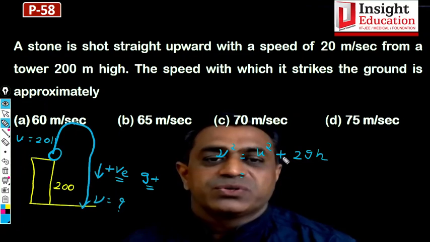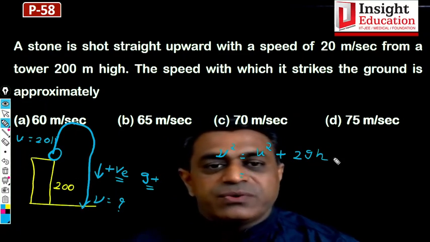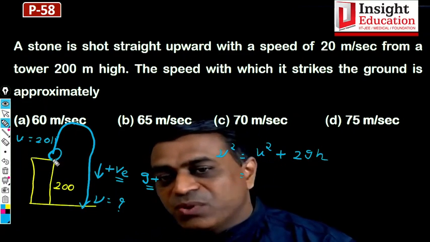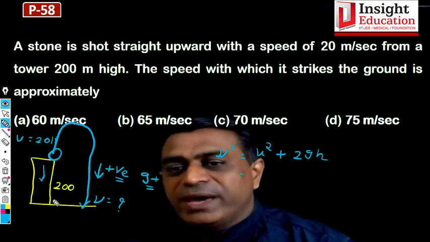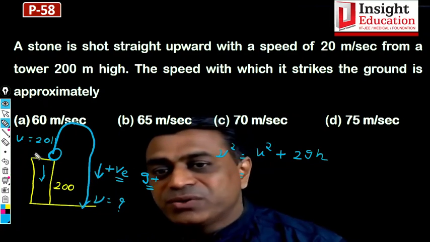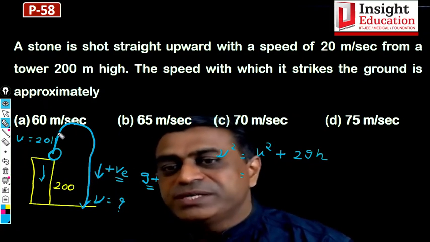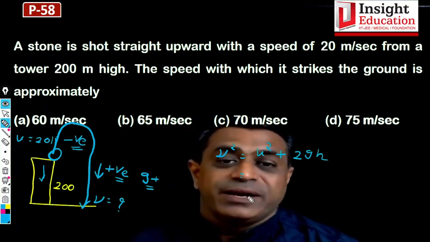In the downward direction g is positive, h is positive, and the motion is positive. But what about u? u is in the upward direction, so here we have to consider it negative.